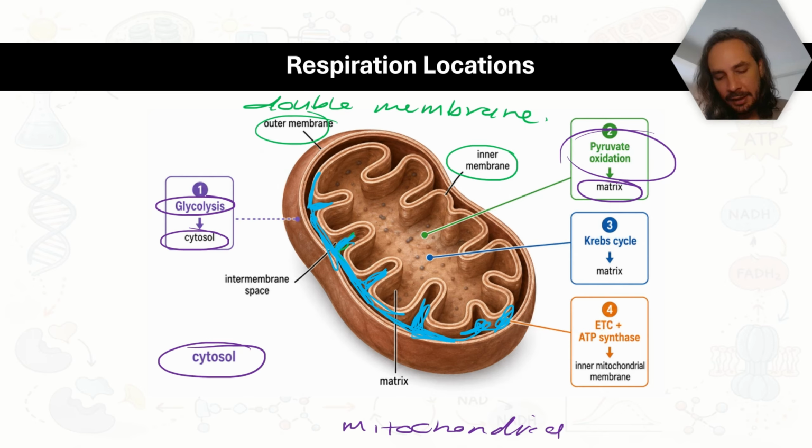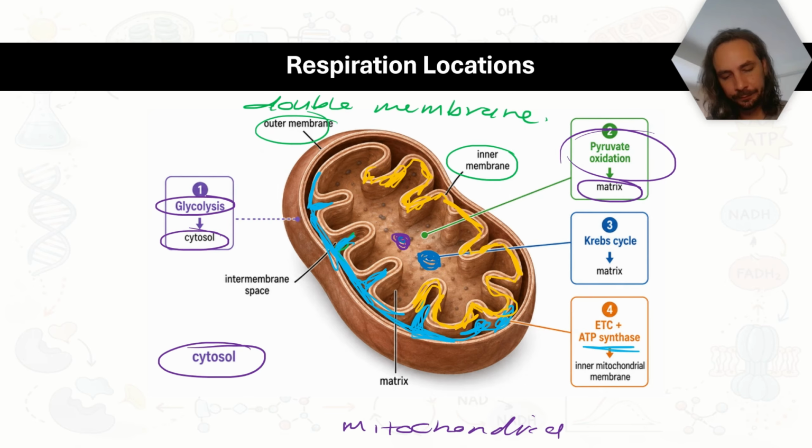So pyruvate oxidation happens in the matrix, the Krebs cycle happens in the matrix, and then finally, the electron transport chain and ATP synthase happen in the inner membrane of the mitochondria. So this is where we'll find the electron transport chain and ATP synthase.